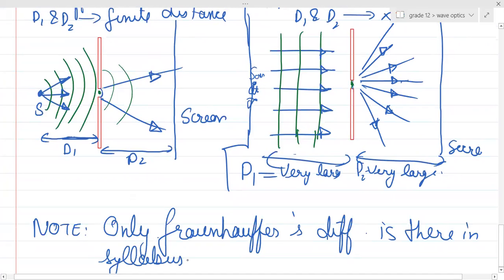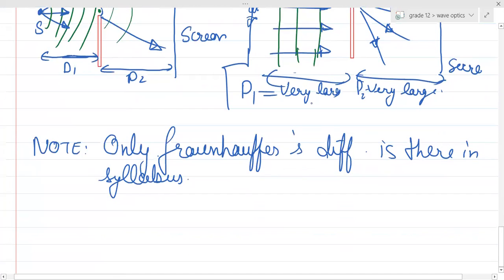अच्छा, generally the question comes in people's mind कि sir, if these distances are very very large, then how will you perform it in a lab? है ना?